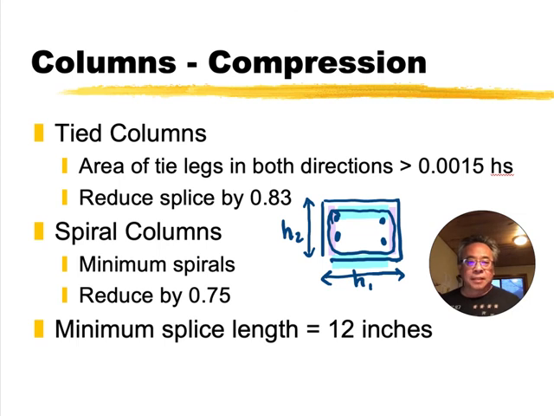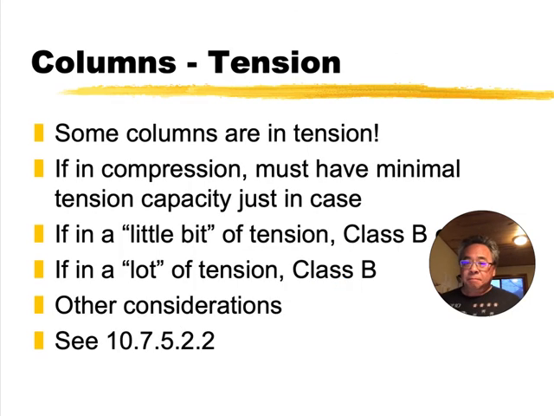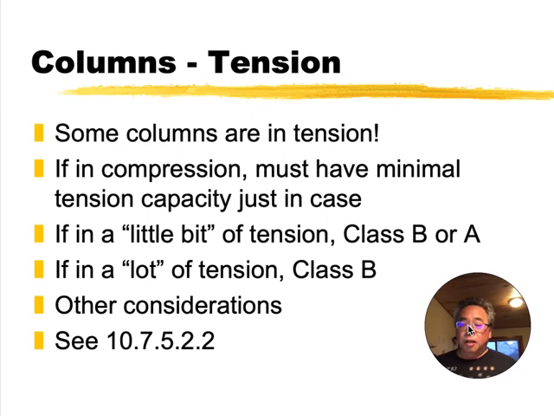Now, this next thing is a little mind-boggling. Columns can be in tension. So in earthquakes, a building can move back and forth like this. It can bend backwards, and it can bend like this.